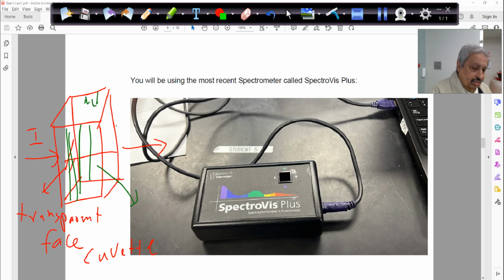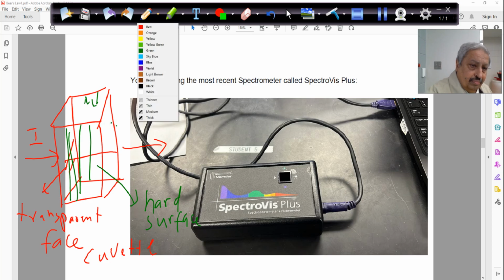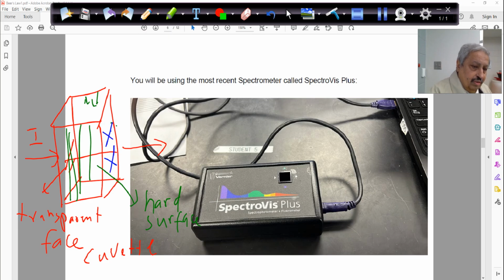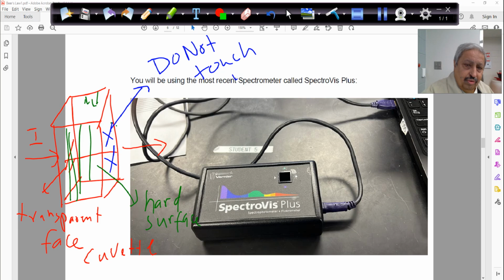The other side, in front of you here, and in the back as well, is the rough, hard surface. Anytime you want to handle this cuvette, you don't touch this side with your fingers. Do not touch it with your fingers.